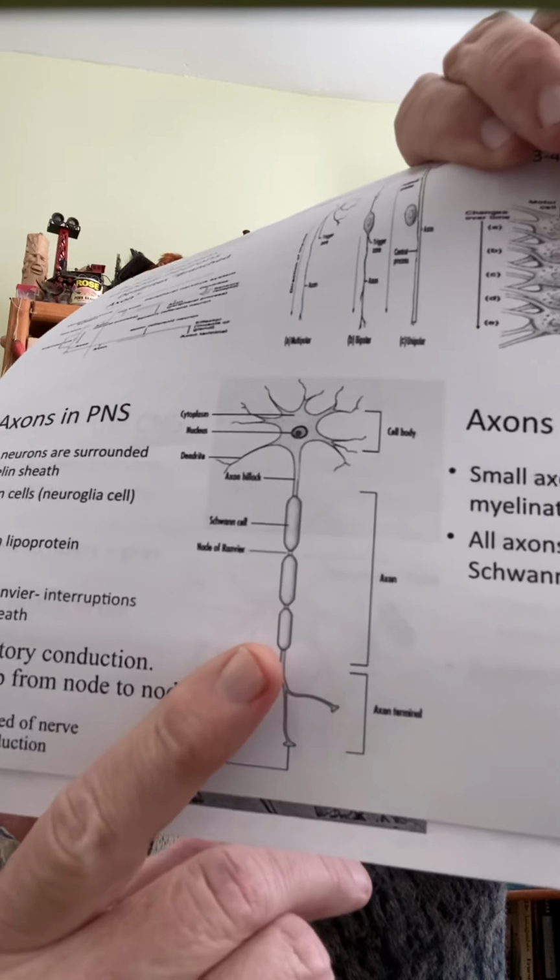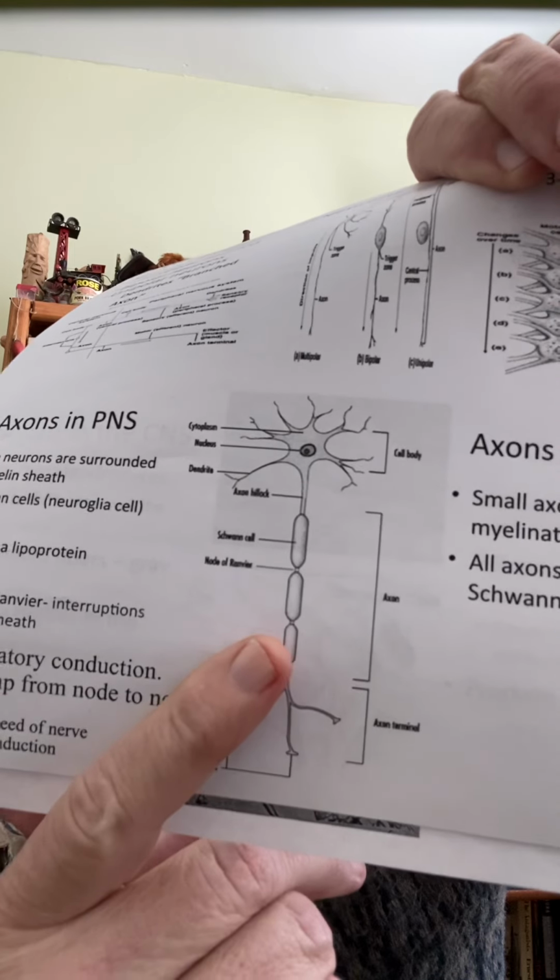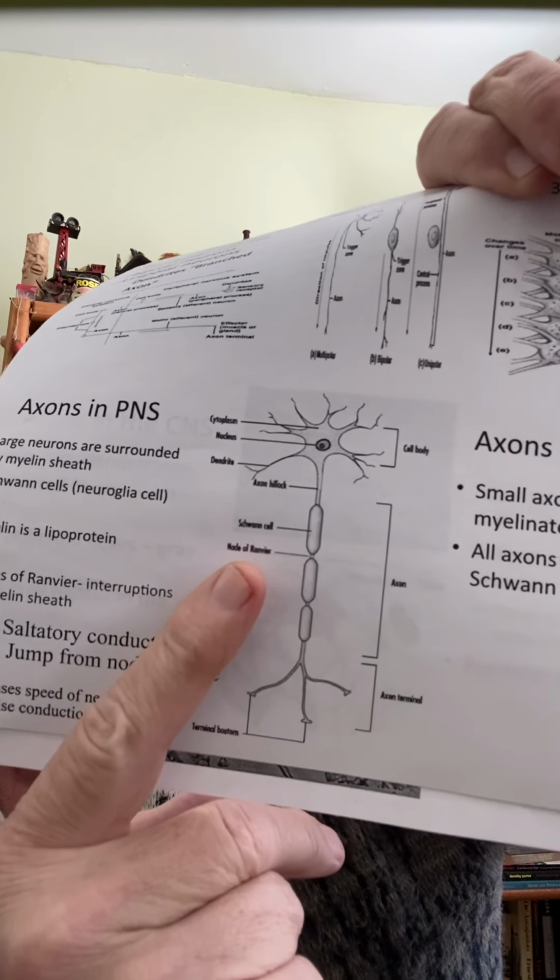Now, I'm going to show you this picture here. You see, we can see 3 Schwann cells there. And you notice that there's a label right here, nodes of Ranvier. That's what they call them. It's a fancy name for a gap between Schwann cells. The reason we name that gap is it plays a really important role. The nerve transmission, rather than going, doink, doink, doink, doink, doink, all the way down the axon, jumps from node to node in large peripheral nervous system axons.